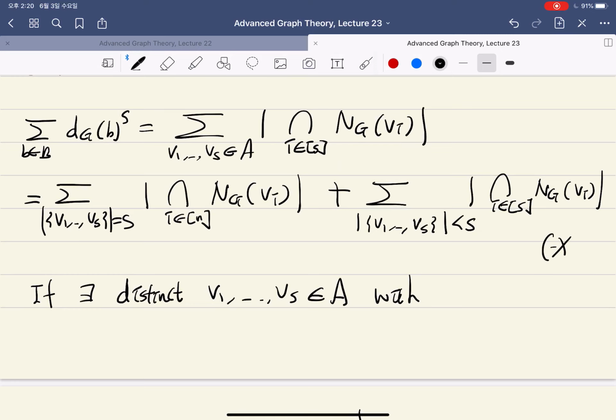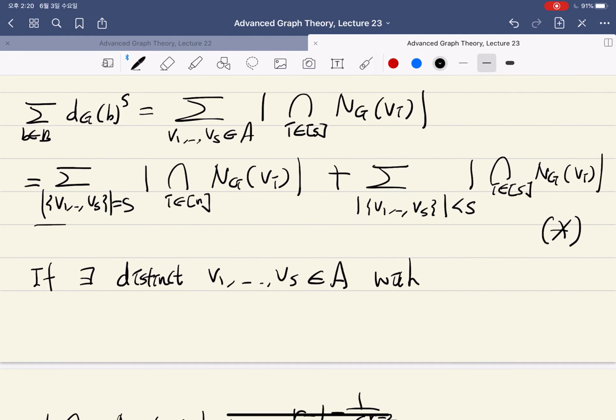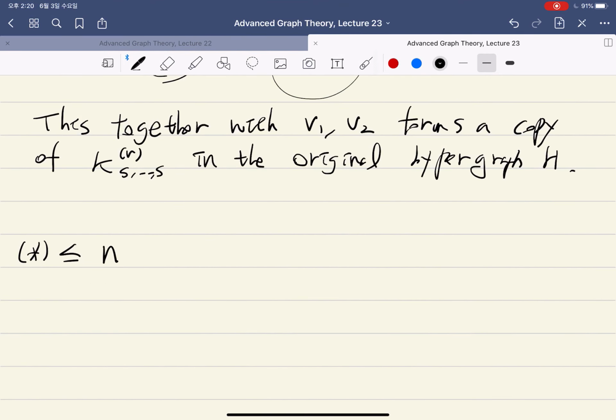So let's say this is star. Then star is at most: the number of such tuples is at most n to the s, and each of them gives us this number.